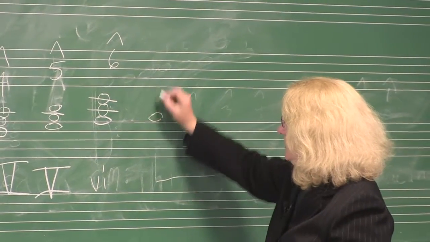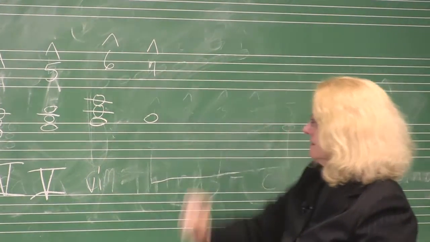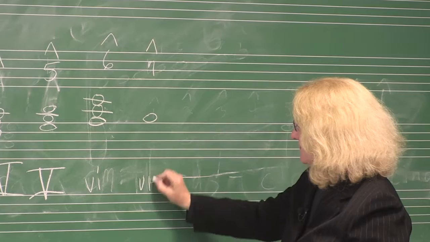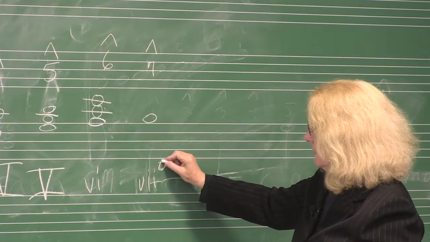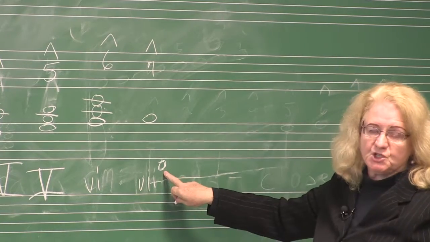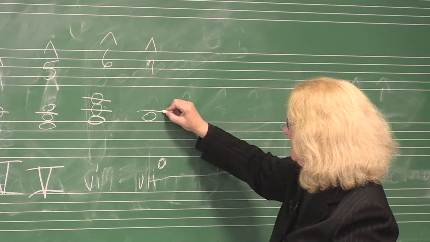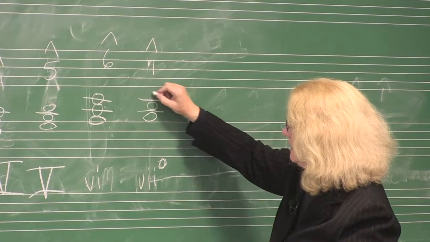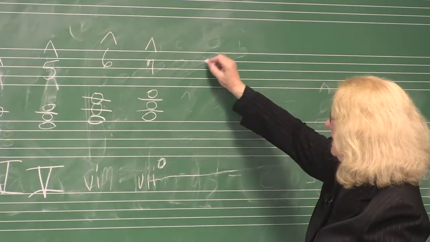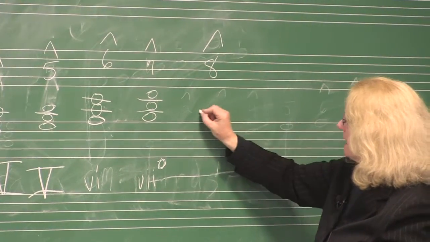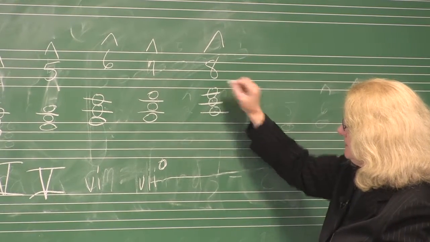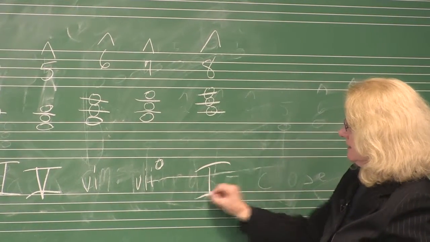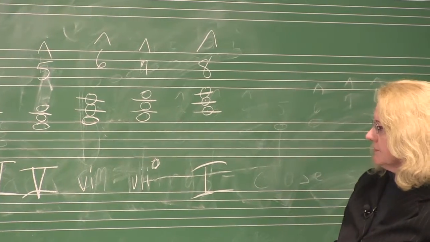And then I go to B, 7. And this little circle indicates a diminished triad, B, D, F. And then I go back to where I started, only an octave higher, C, E, G, back to the tonic, okay?